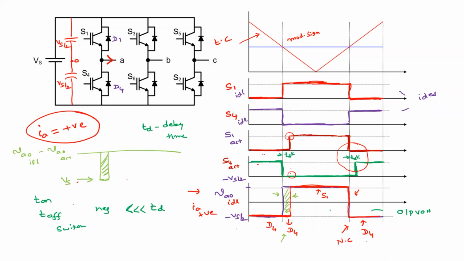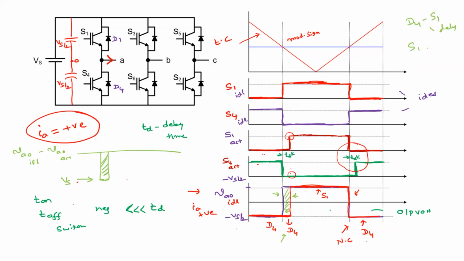This switch is off, this switch is off. So the switch S1 is off, which means the current is transferring from S1 to D4. The transfer of current from D4 to S1 is delayed.